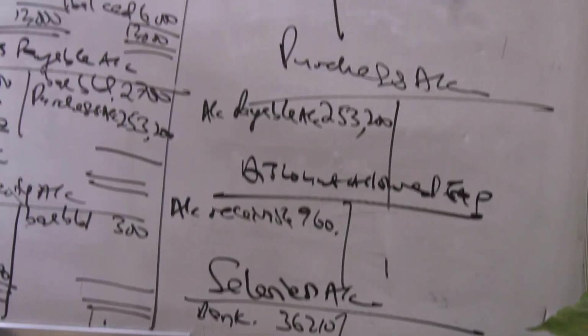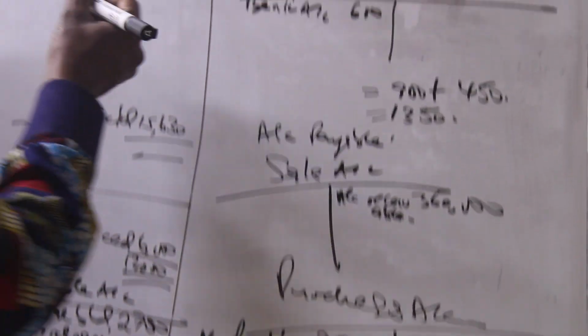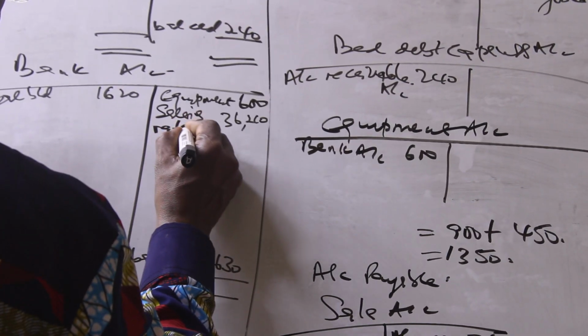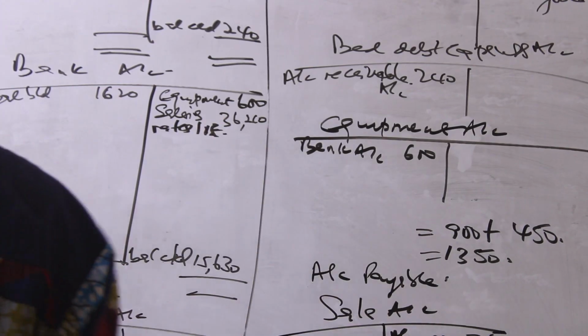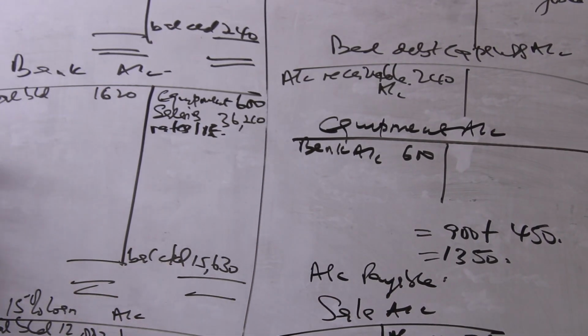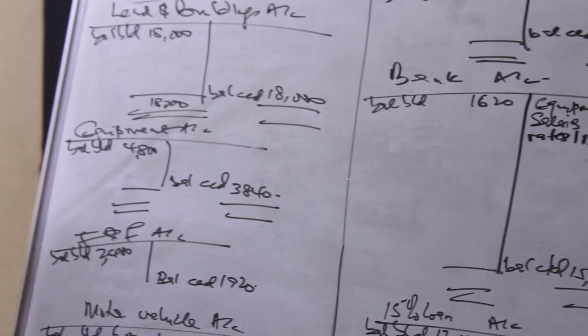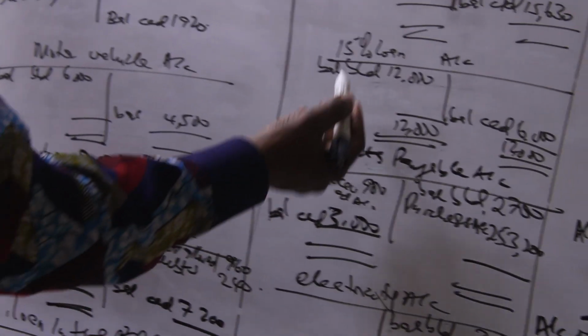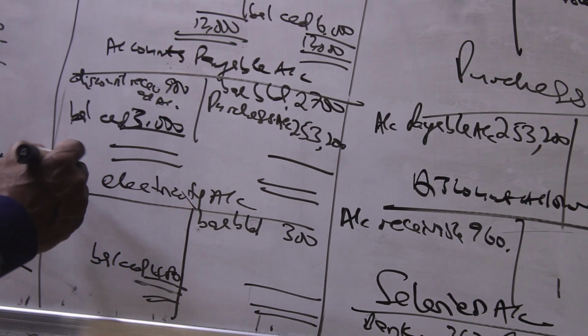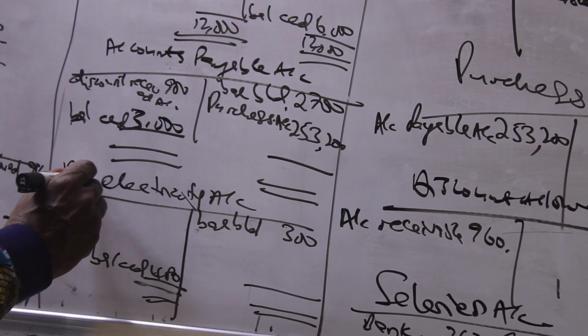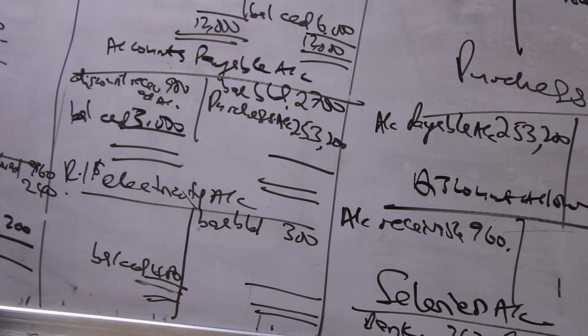Then we are told rates, insurance, and electricity. Check whether we had a balance brought down for rates, insurance, and electricity. We can see we have electricity here, so we call it rates, insurance, and electricity.